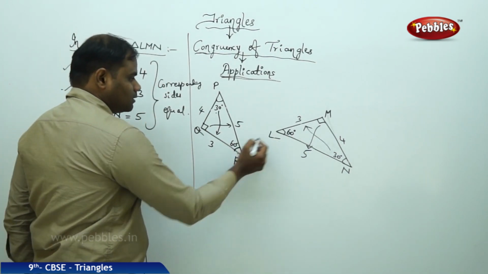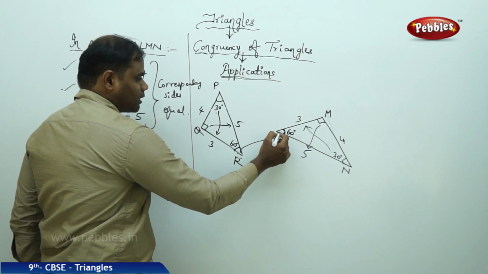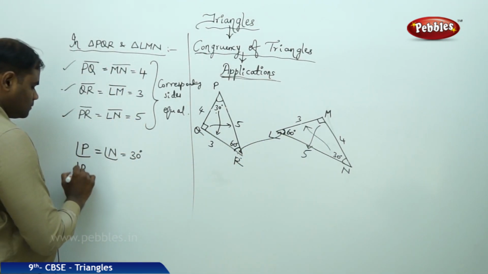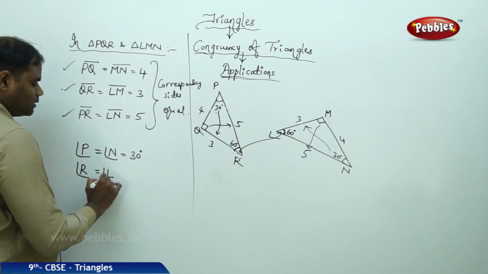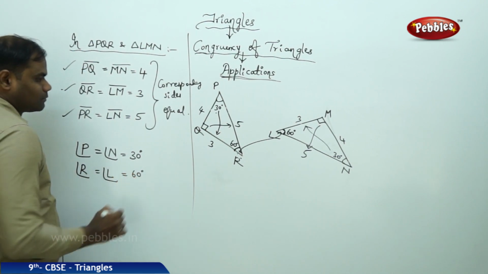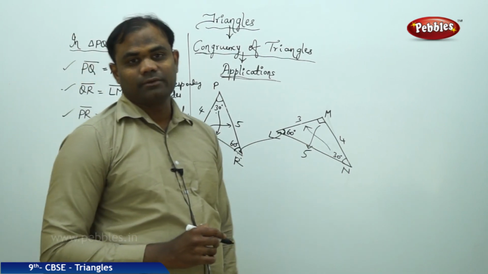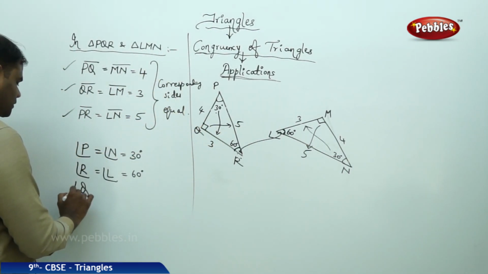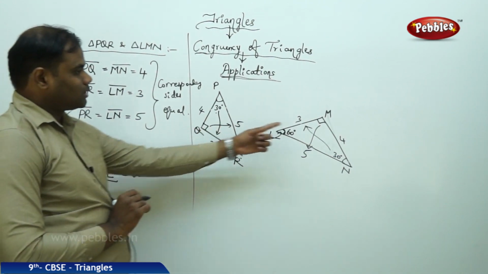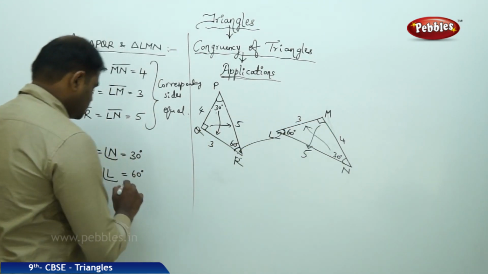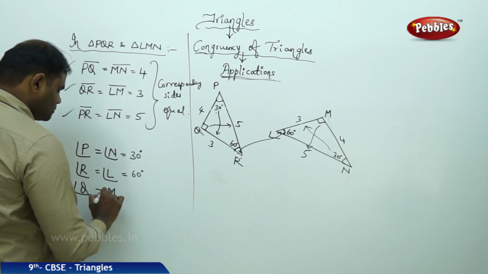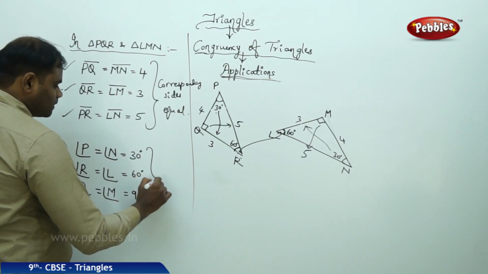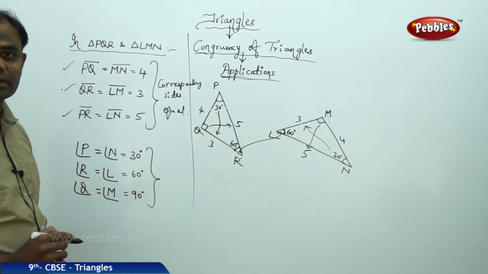Therefore, this angle refers to the corresponding angle here. So my angle R is equal to angle L, which is equal to 60 degrees. Thirdly, my angle Q, which is 90 degrees, is equal to angle M, which is 90 degrees. Therefore, I have the corresponding angles equal.